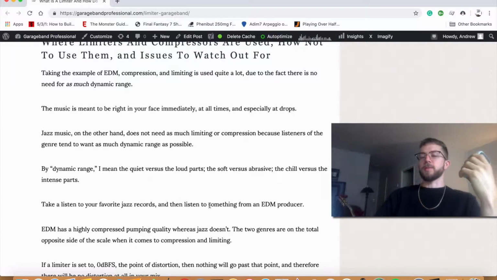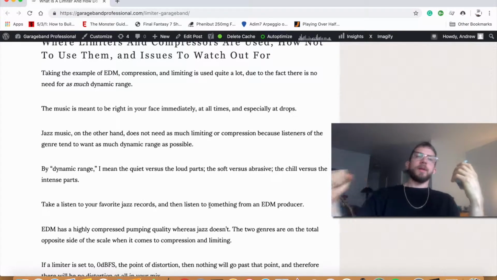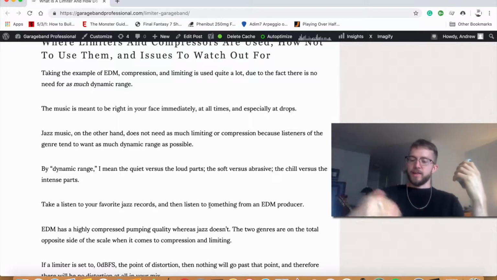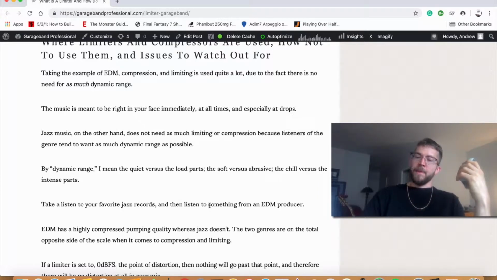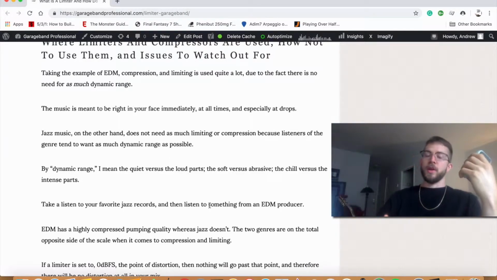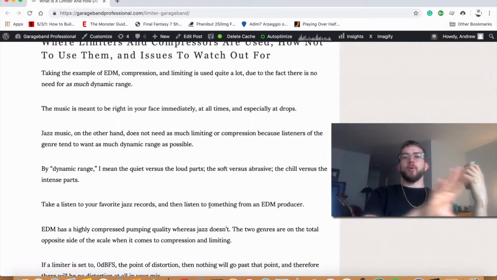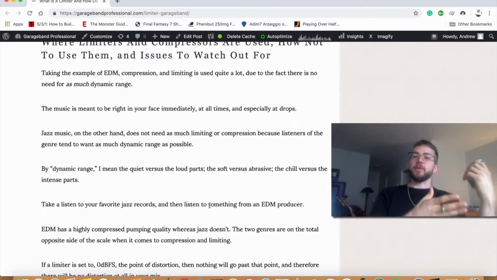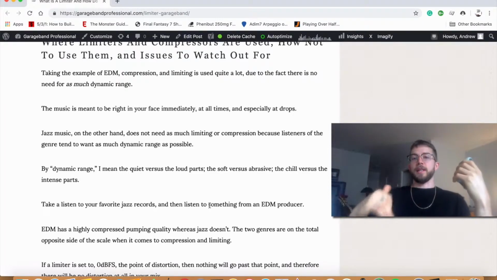But when it comes to dance music, it's usually just pumping, and it has the same amount of tension at all times. So for that reason, there's a lot of compression, because as I said before, compression is increasing the volume of the quiet sounds and decreasing the volume of the loud sounds. So it's making everything more equal. And that's good for EDM, which has less range.